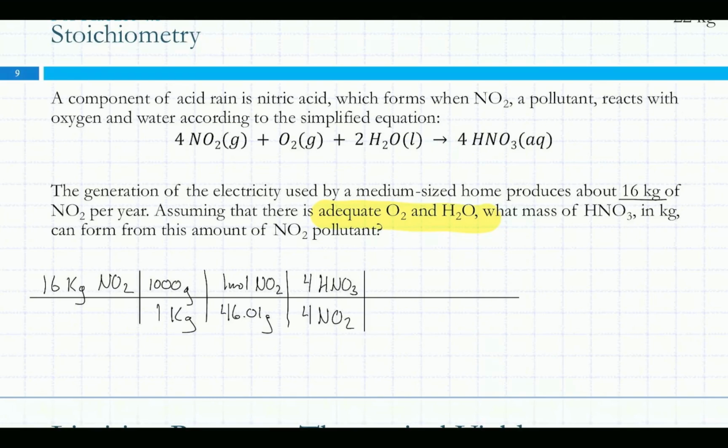Okay, and then nitric acid is going to be 63. So that's 63, and then, oh, this is the part that's easiest to forget or overlook, it wants our final answer in kilograms. So 1,000 grams, 1 kilogram. That will tell us how many kilograms of nitric acid get produced.